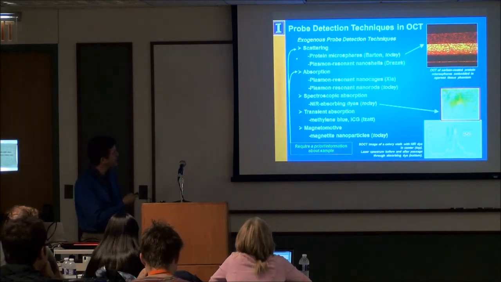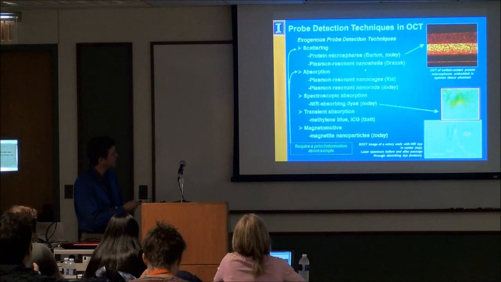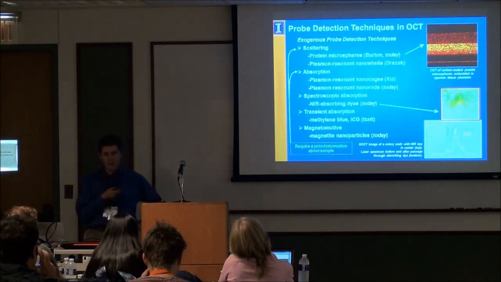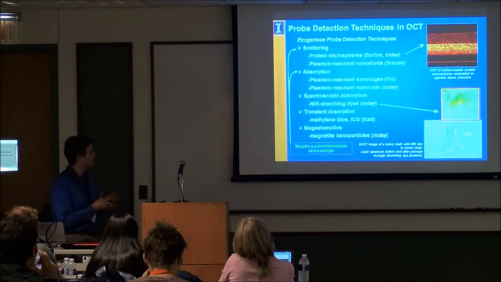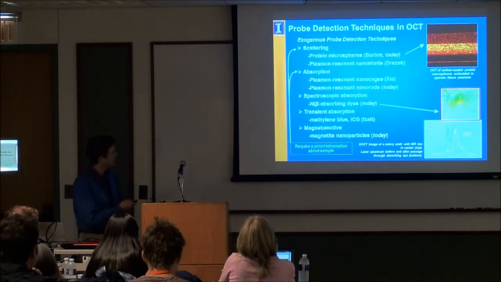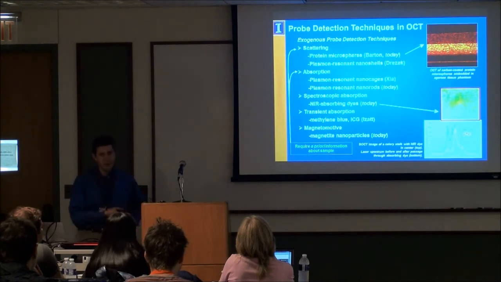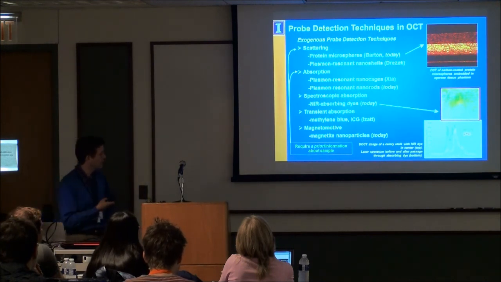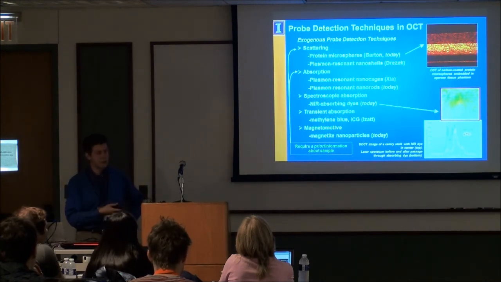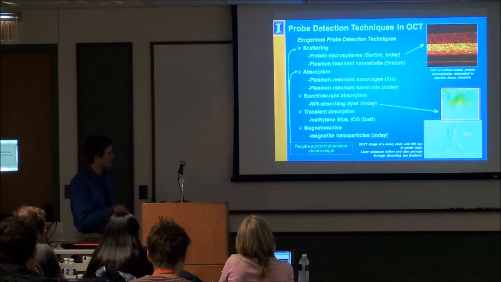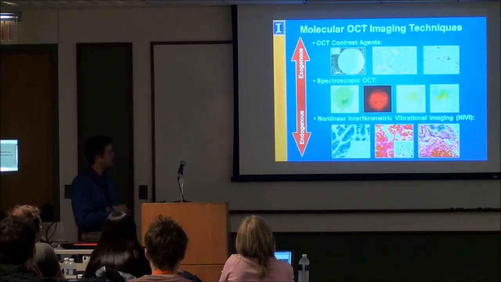We can see that they're based on scattering, such as microspheres or nanoshells; absorption, so there may be specific plasmon-resonant structures that have narrow absorption spectra; they may have spectroscopic absorption; they may be transient; or another technique that we've developed here called magnetomotive, where with a magnetic field we modulate particles. So we're going to look at a couple of these in the lecture this morning.